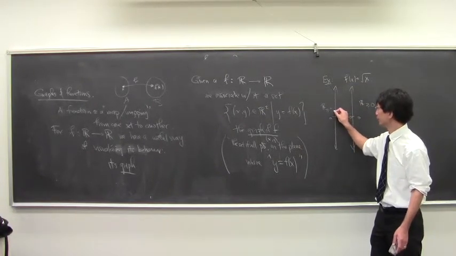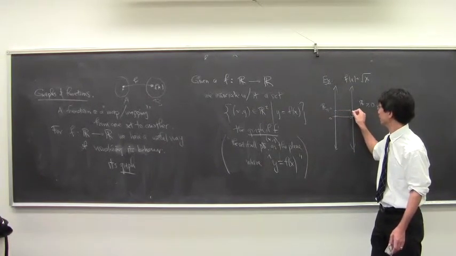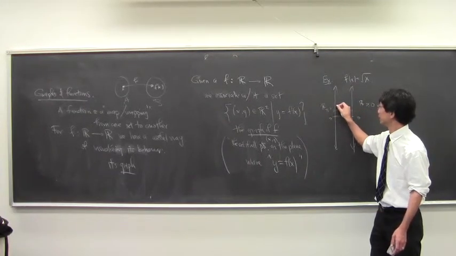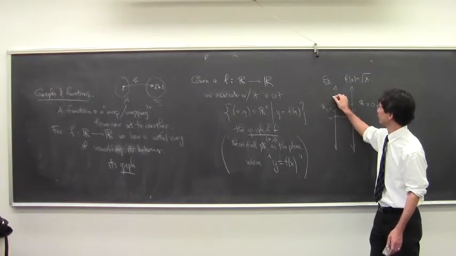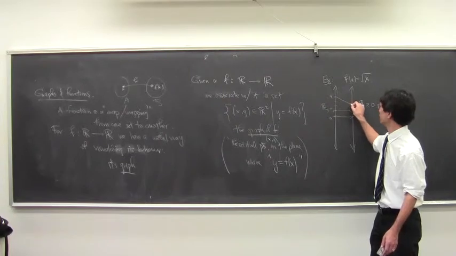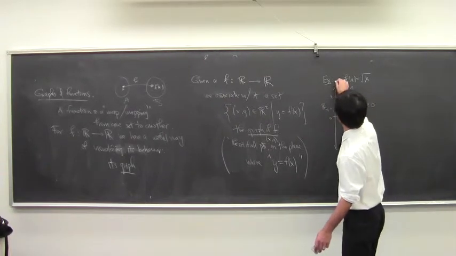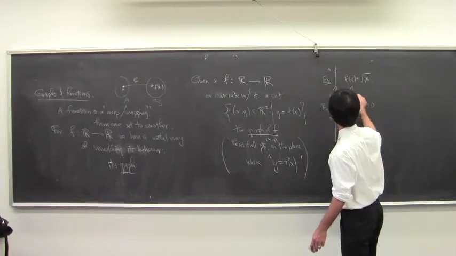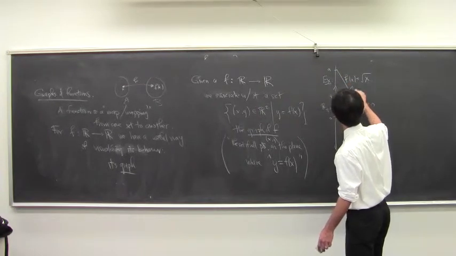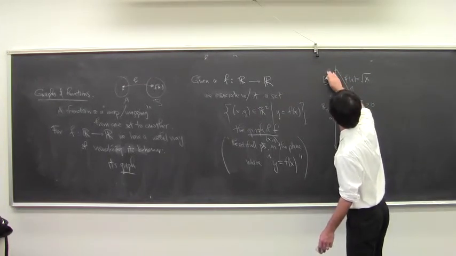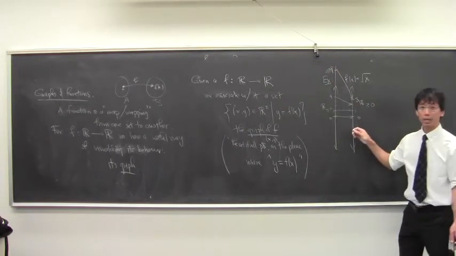The square root function takes 1 to 1. It takes 4 to 2. It takes 9 to 3, right? 9 goes to 3. And so on and so forth.